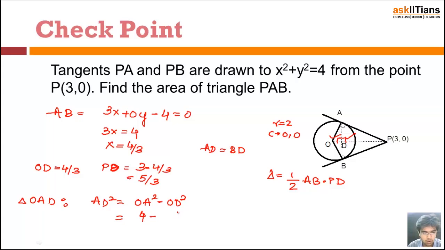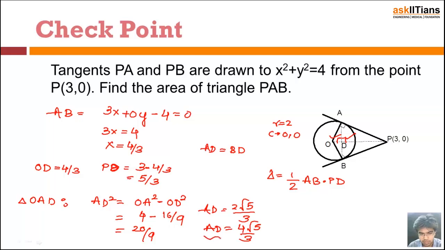The value of OD is 4 by 3, that means 16 by 9. So in this way this comes 36 minus 16, that is 20 by 9, or the value of AD is 2 root 5 by 3. Okay, this is AD. So if this is AD, then AB is 4 root 5 by 3.